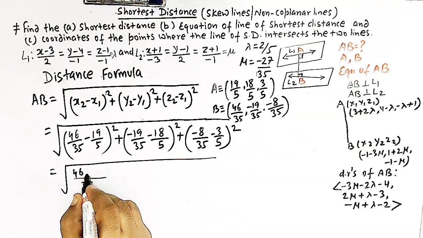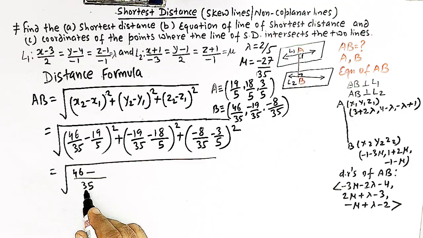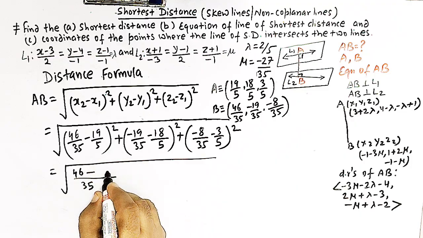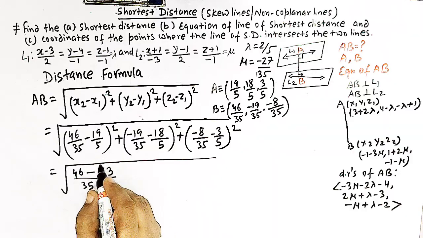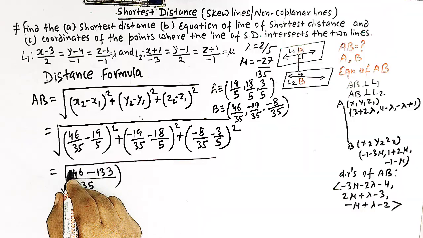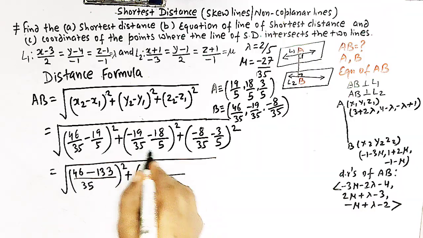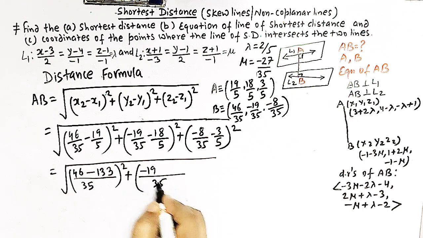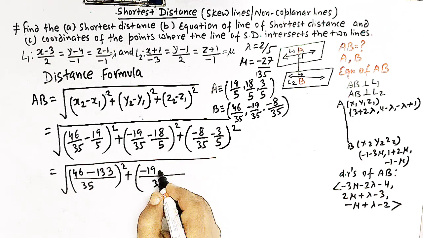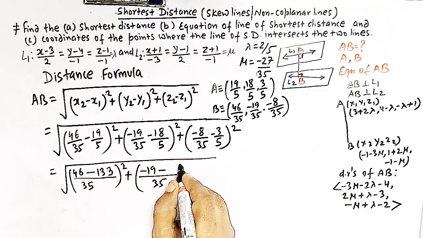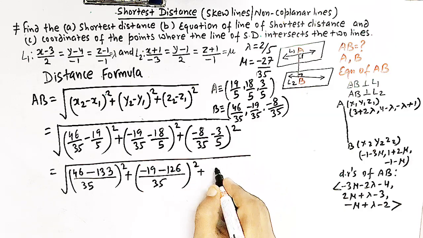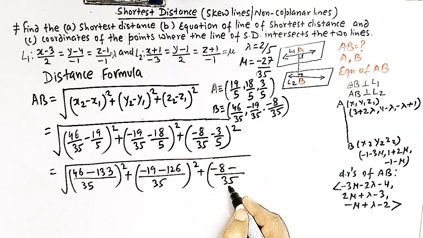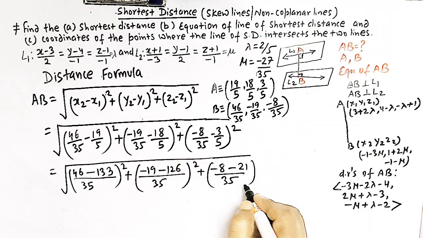So we have 46 minus, this is 5 times 7 is 35, and 7 times 19 is 133, and then we have here again the LCM 35, and then minus 19, here we have 5 times 7, and then 7 times 18 is 126, and here we have 35 minus 8, minus 5 times 7 is 35, so here we have 21.